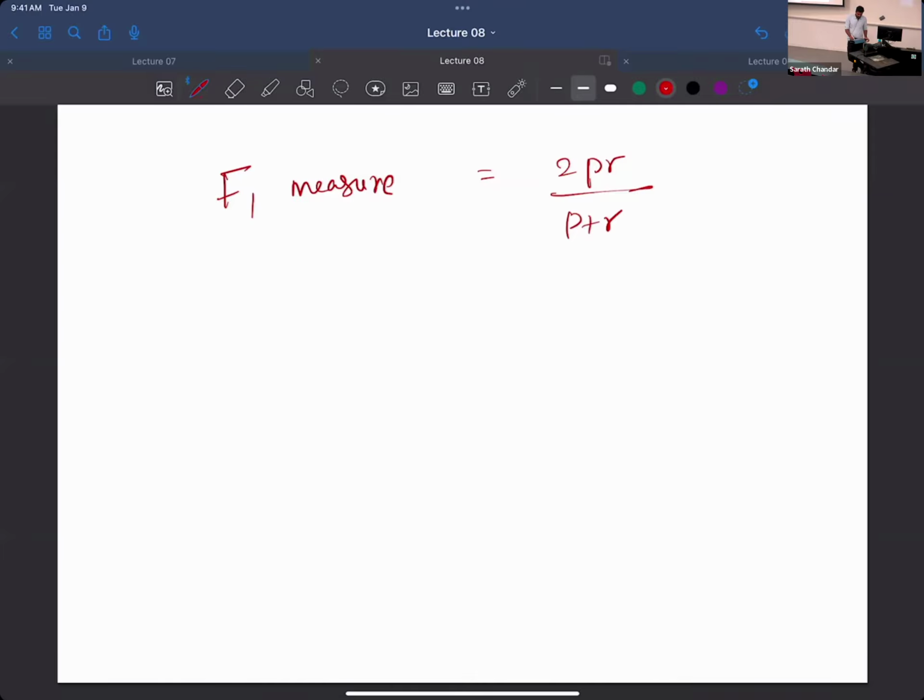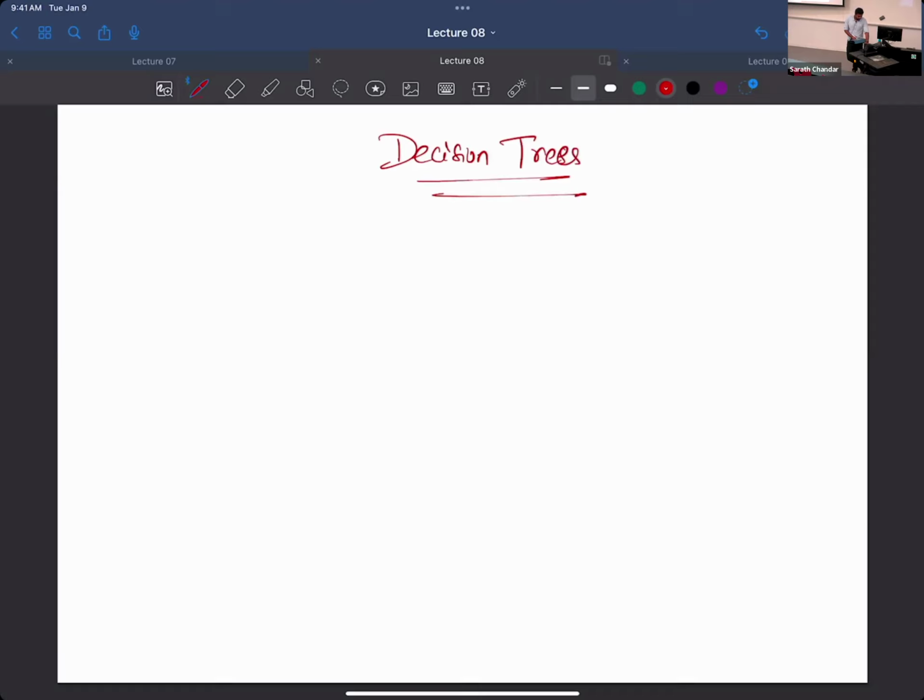Okay, so now let's start with decision trees. We are going to continue learning more classification algorithms. We will start with decision trees today, which is a non-parametric method for classification.